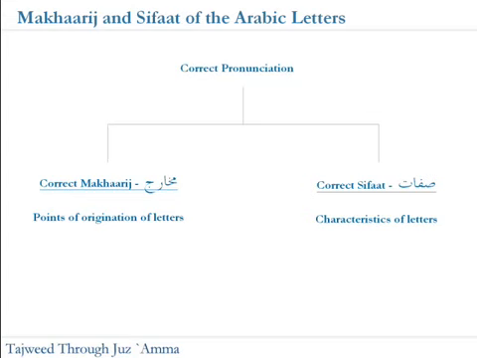So the points of articulation tell us where the letters originate from, but if a few letters originate from the same place, you need to distinguish their differences by the individual characteristics of the letters, and these are learnt hand in hand with the places of origination.